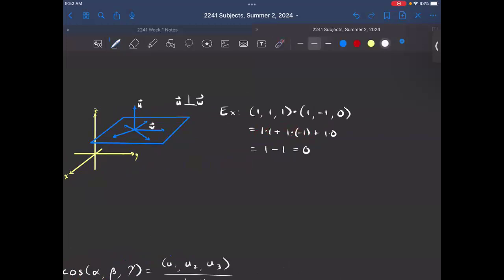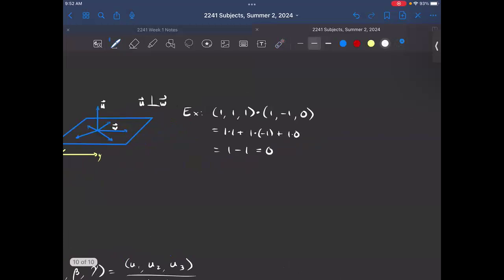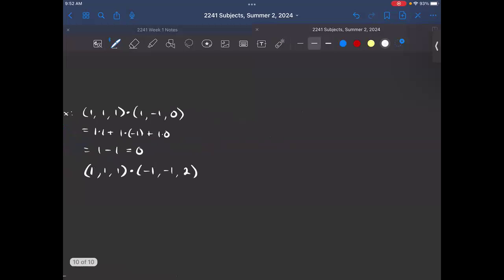Another thing is that this is not the only vector that has dot product 0 with 1, 1, 1. What if I do something like negative 1, negative 1, and then let's see, I think I need a 2 there. That should work. Let's see what happens if I try that one.